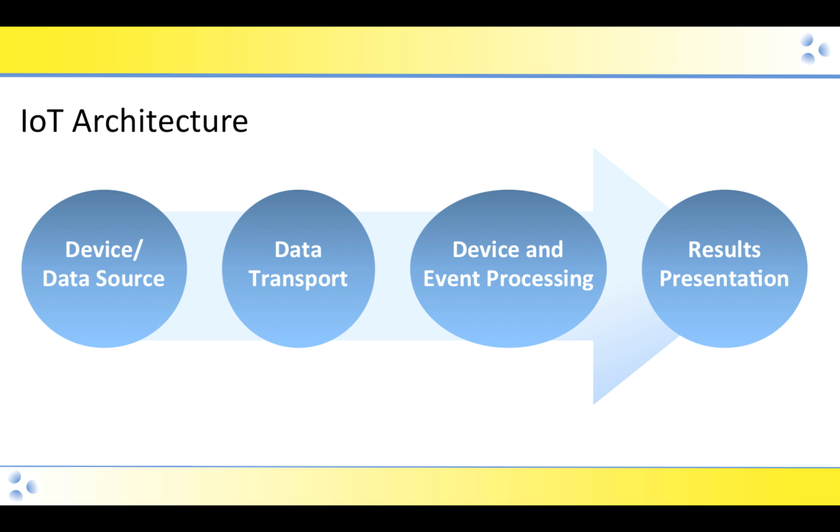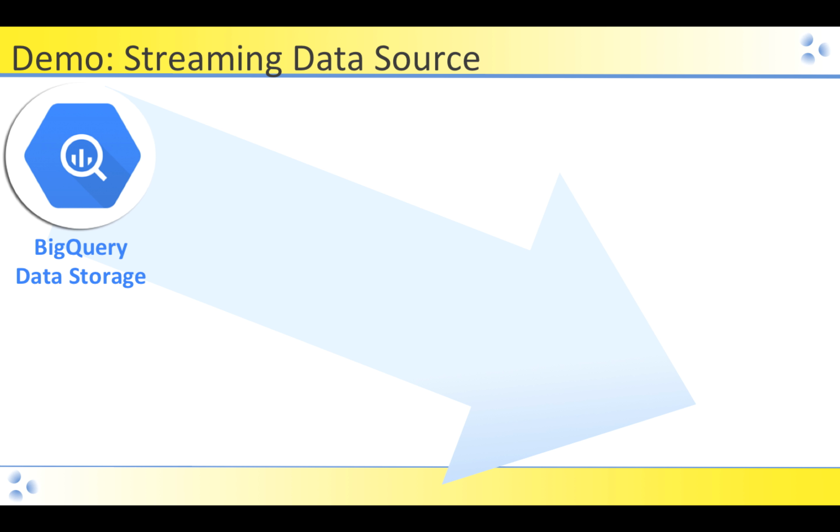The IoT architecture that I'm using here is to start with information, data coming from the device. I transport it over the network to a device and event processing hub, and then we'll send that on to a results presentation. In this case, I'm going to use a dashboard to watch for potential outliers. The data source, I'm pulling the data from the Measurement Lab.